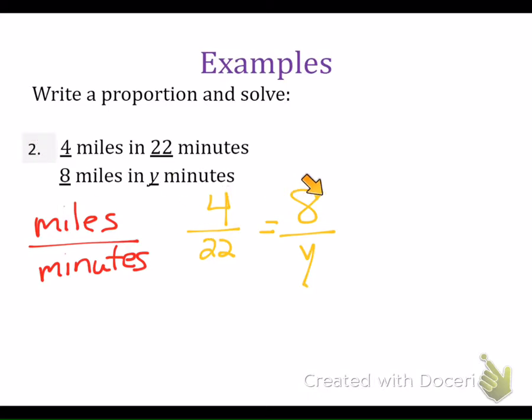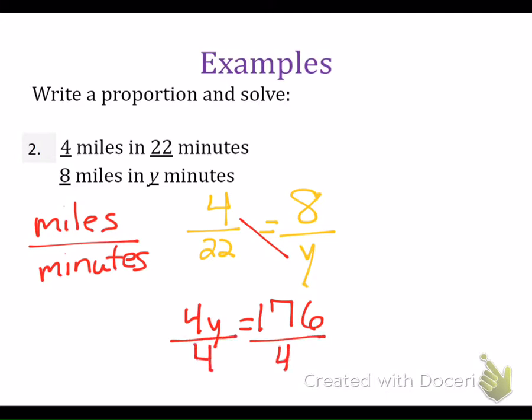We had 4 and 8. Our minutes are going to stay on bottom. We had 22 and y. Then we are going to cross multiply. So 4y is equal to 176. Divide both sides by 4. Y equals 44 minutes.